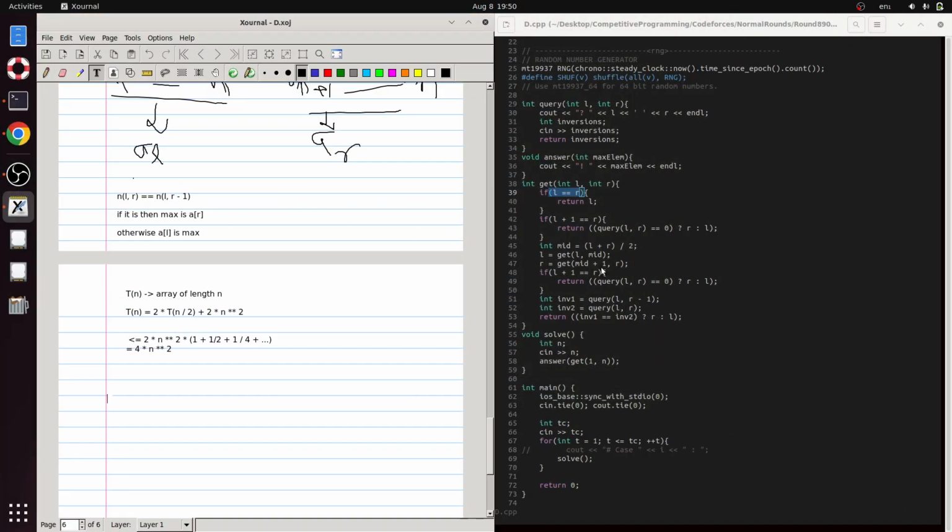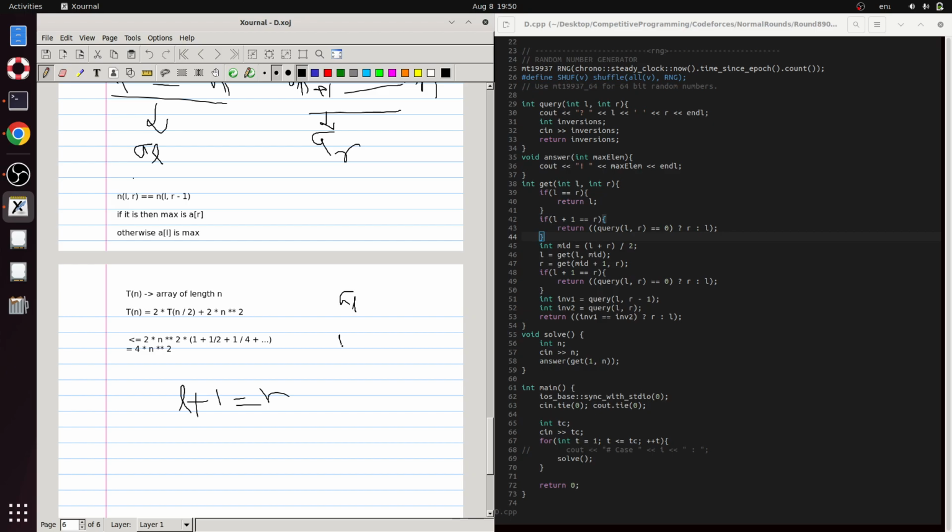And I have tried to optimize what we are doing over here. If L plus 1 is equal to R, that is, the elements lie side by side, then we are actually making a redundant query.